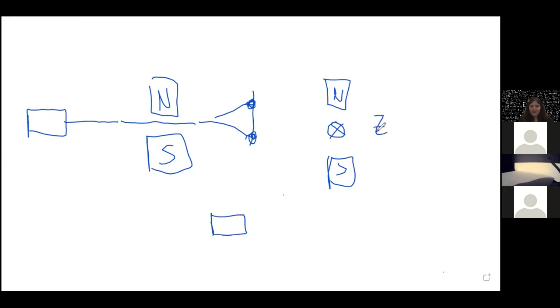This is the Z basis direction, because you're looking in Z direction, but you could also do it in X direction, where you might have north and south in another way. This is the X direction. So you have to work with these two bases, and I think this is something we did already.